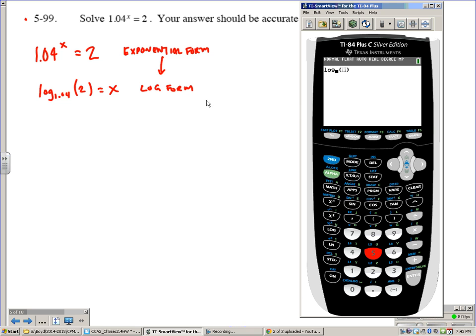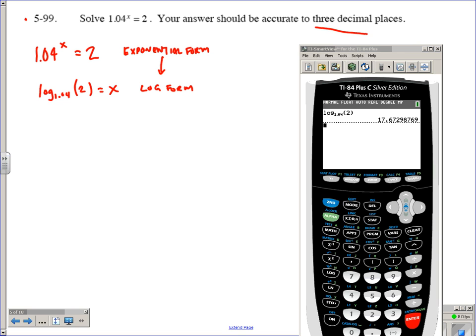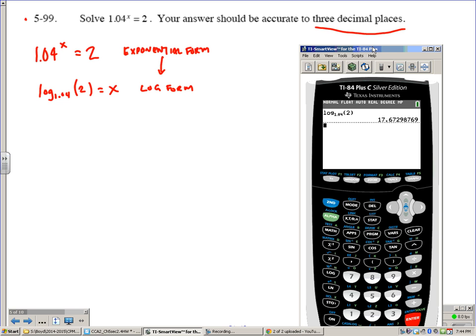In this case, I want 1.04 as my base, and I'm going to put 2 in here. I'm simply going to hit enter, and it's going to give me 17.6729844769.